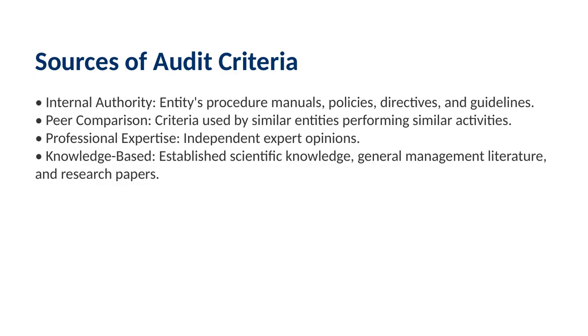You can get them from the entity's own procedure manuals, their policies, standards, and guidelines. You can also look at criteria used by similar entities, seek independent expert opinions, rely on established scientific knowledge, or refer to general management literature and research papers.